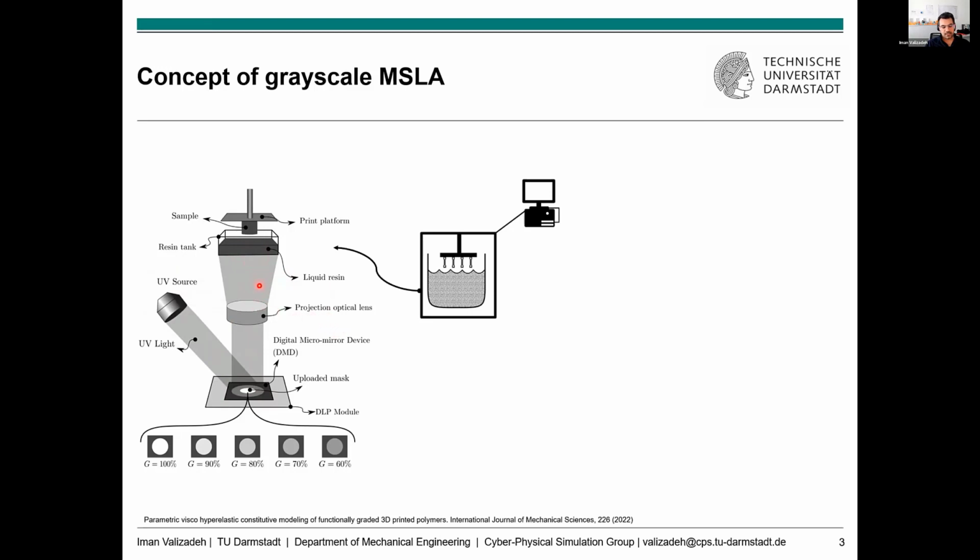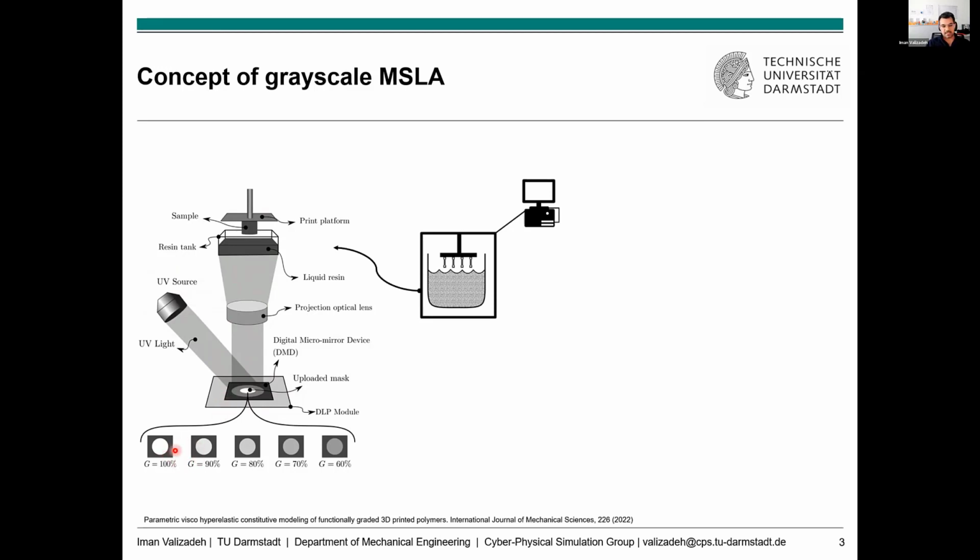As the UV light penetrates the resin from the bottom, the photopolymerization takes place, and we can print the 3D solids.